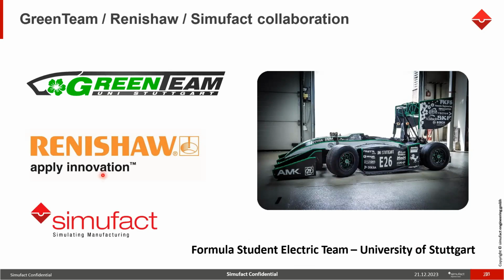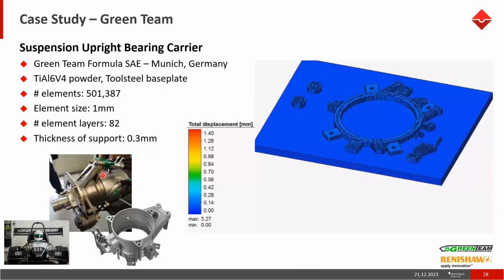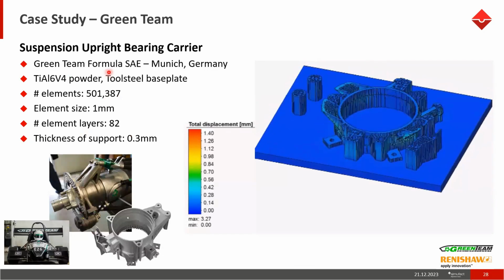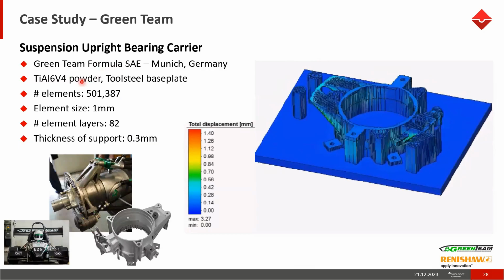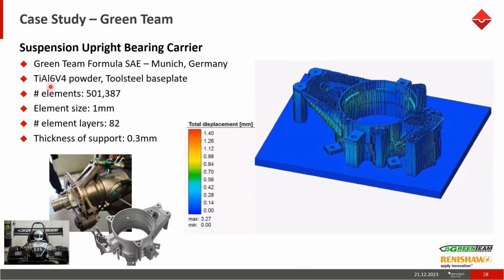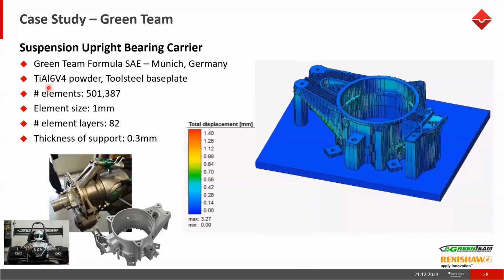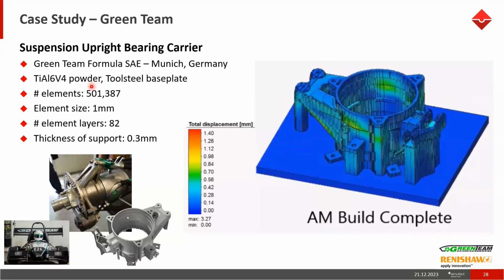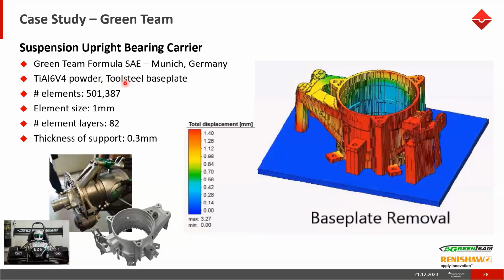So what they studied is they tried to build the part. They made this design. This is a titanium alloy, Ti6Al4V. This powder is readily available in the Simufact database, so we can use this database material to build the part. The base plate was tool steel.